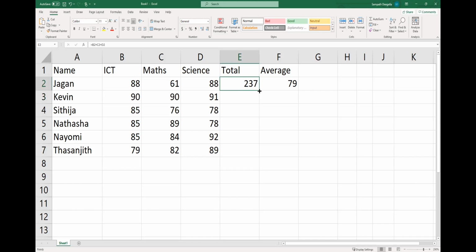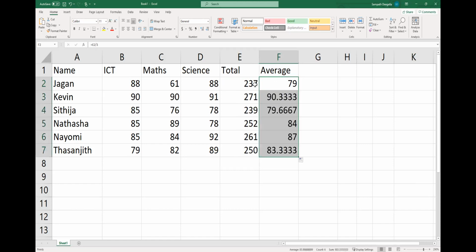You go to this fill handle, click and drag where you want. It will fill everything. Similarly, for the average also, you click, and then you go to fill handle, click and drag. So you will get the average value. So that's called autofilling.